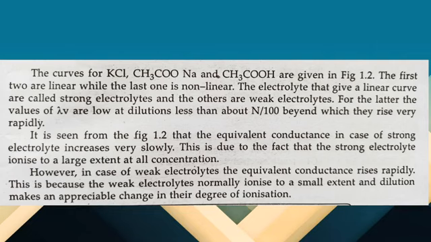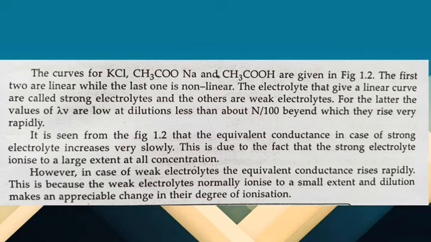For the latter, the values of lambda V are low at dilutions less than about N by 10, beyond which they rise very rapidly. It is seen from the figure in the previous slide that the equivalent conductance in the case of strong electrolytes increases very slowly. This is because strong electrolytes ionize to a large extent at all concentrations.